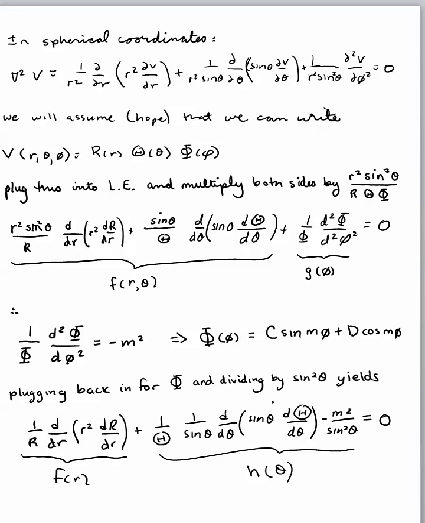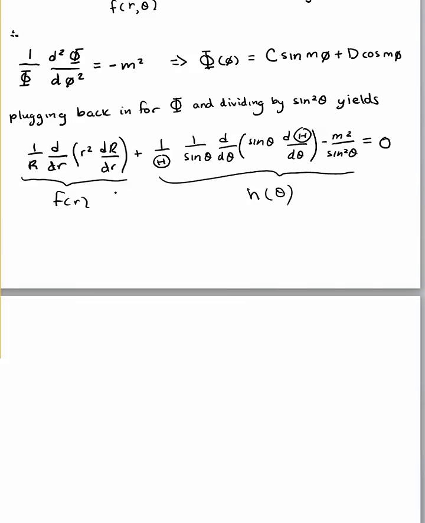So it's a little different, a little more complicated than what we did for Cartesian coordinates, but it's still doable. And so now we're going to write out these functions for f and h, the functions of r and theta, and then we have to solve them, and our variables will be separated. Individually, once again, this function of r has to be a constant, as does this function of theta.